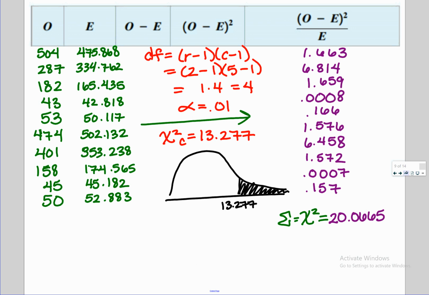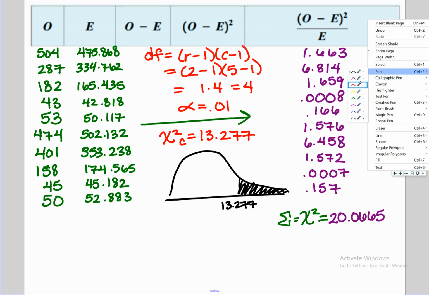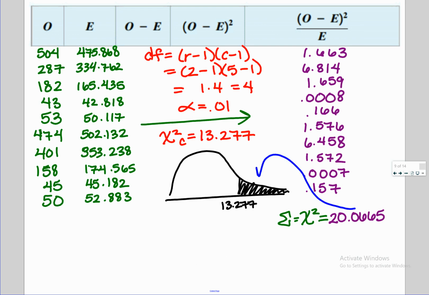Is 20.0665 in the rejection region? Yes. So what does that mean we do? We reject the null. Okay. So if we reject the null, is there or is there not enough evidence?